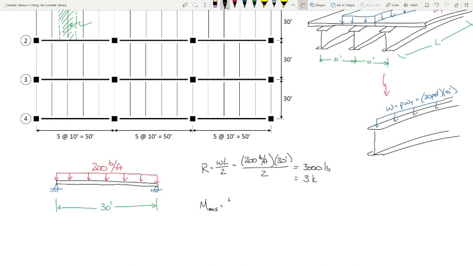What about M max? What did your homework tell you? WL squared over 8? That is a very handy formula next semester, and in concrete design as well. Somebody tell me with your Casio FX115 ES Plus or similar scientific calculator what you get for that.